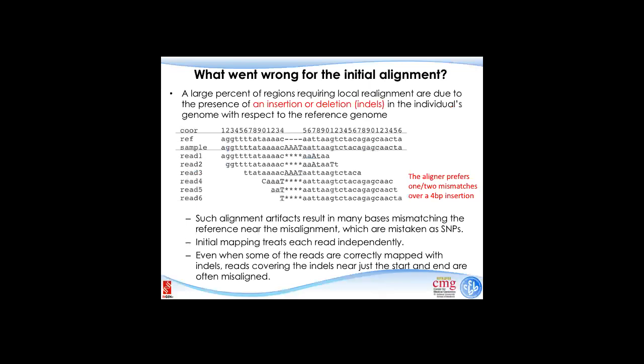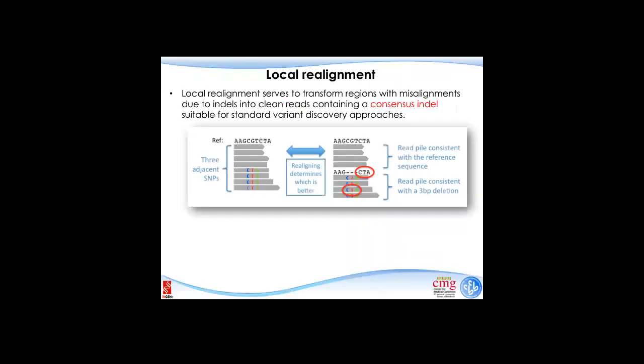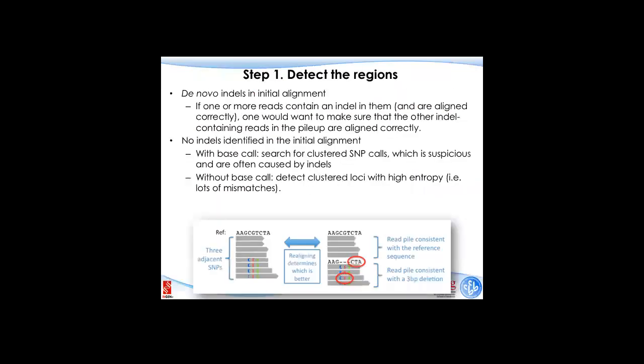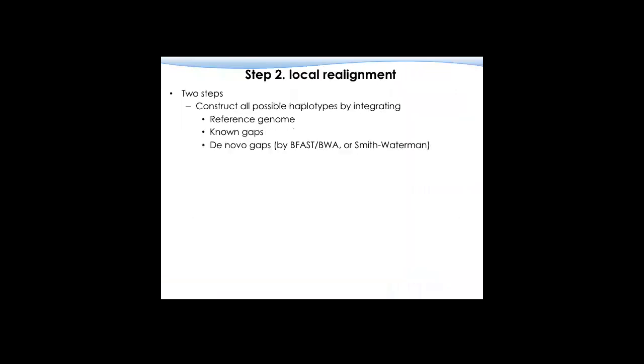So now you have 2 reference genomes in a very localized area, only in the suspicious area you identified. That makes sense? So that is called 2 types of multiple haplotypes. So you want to construct all the possible haplotypes by integrating this information together.